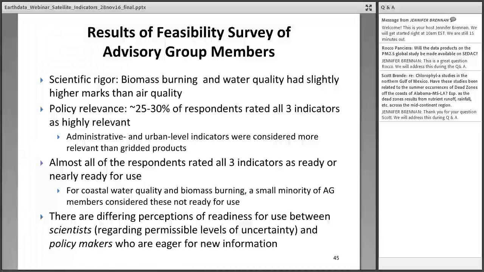In terms of policy relevance, there were about 25 to 30% of respondents who rated all indicators as highly relevant, a strong positive sign that these were generally considered very relevant from a policy perspective, and a call for administrative and urban level indicators, because those are the units at which decision-making takes place and policymakers have influence. Almost all the respondents rated the three indicators as ready or nearly ready for use.